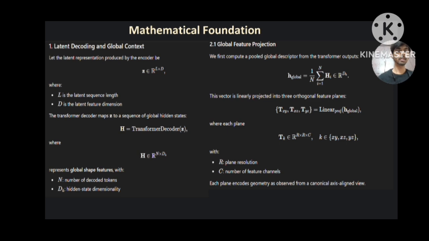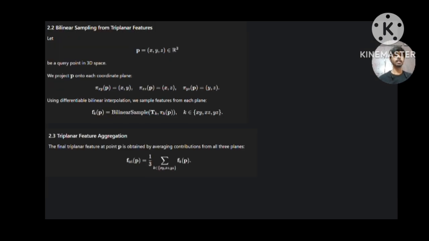Now the main important thing here is section 2.1, which is the global feature projection. Firstly, we compute a global descriptor H global by averaging these transformer outputs. Then, instead of expanding this into a 3D volume, we linearly project this single vector into 3 orthogonal features. And then section 2.2, bilinear sampling from triplanar features.